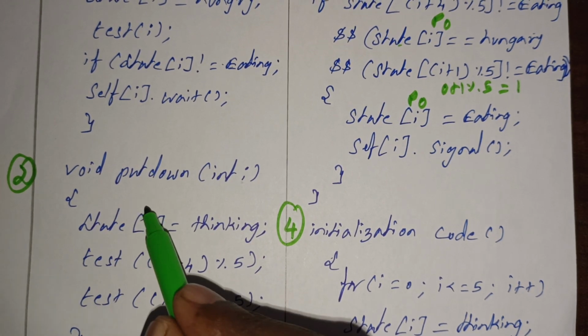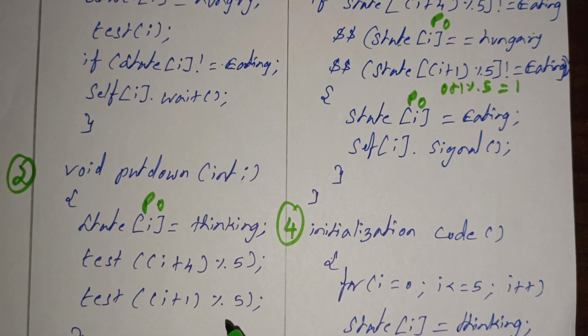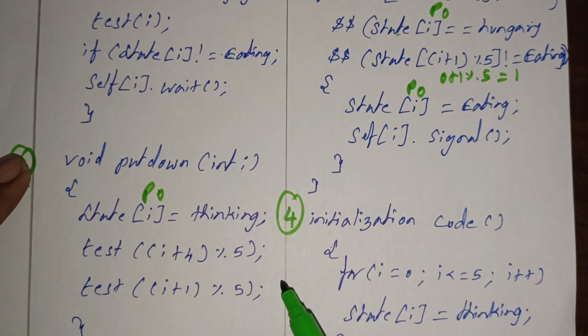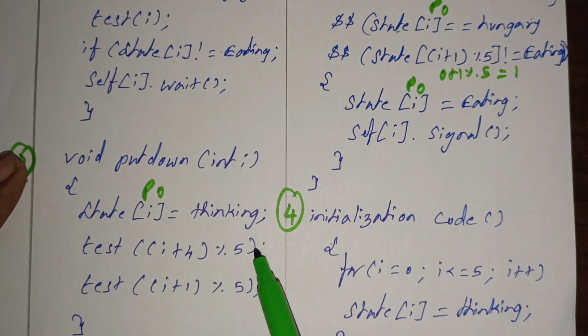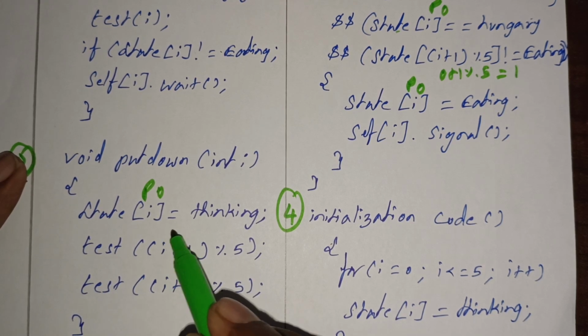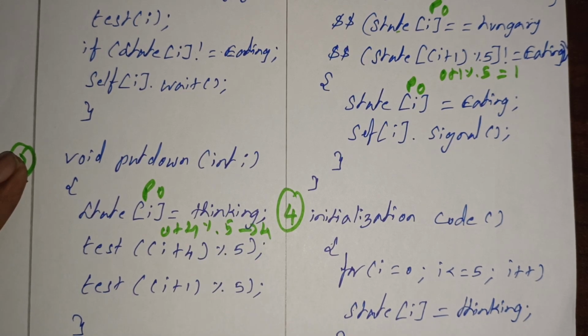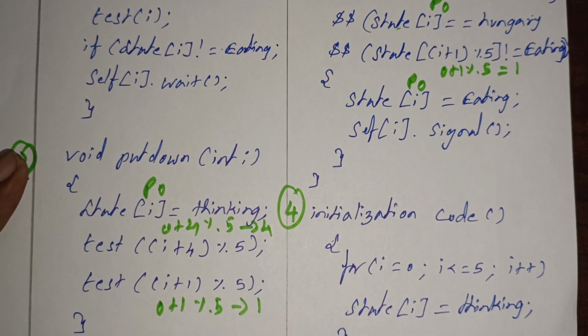If my state, that is P0, wants to move into thinking state. Thinking state in the sense what? I have nothing to do, right? So again I am going to thinking state. So again it will call this function test. (I plus 4) modulus 5. What is I plus 4? 0 plus 4 modulus 5. The value is 4. You all know that. (I plus 1) modulus 5. So 0 plus 1 modulus 5. The answer is 1.